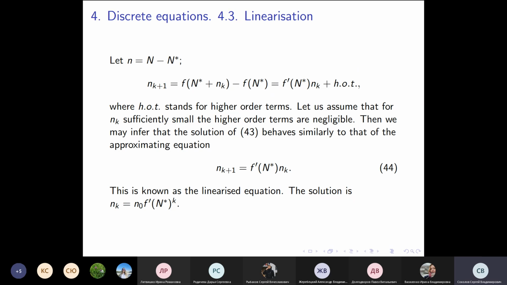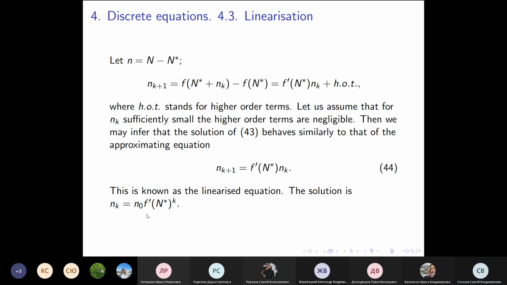In the differential equations, we consider the matrix and the eigenvalues of our matrix. But now, in the difference equations, we can just give the exact solution of the linearized equation, just because f of n_est is a constant. So the general solution of our linearized equation is n small_k equals n small_0 times f prime of n_est raised to the kth power.